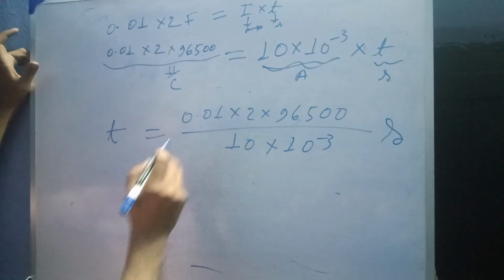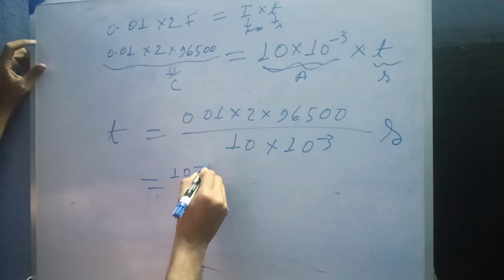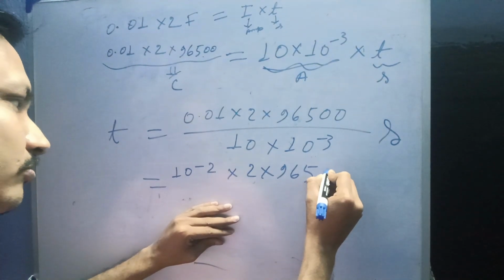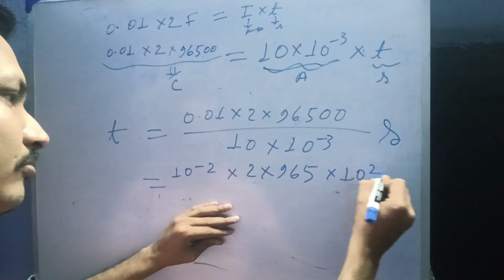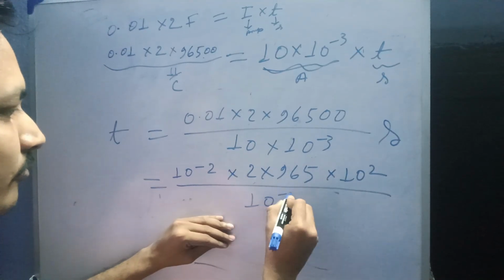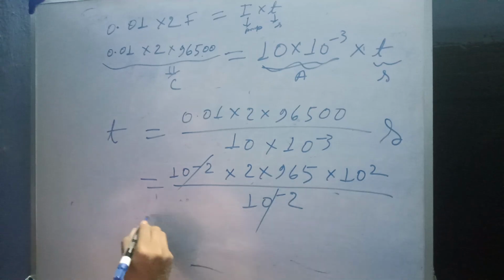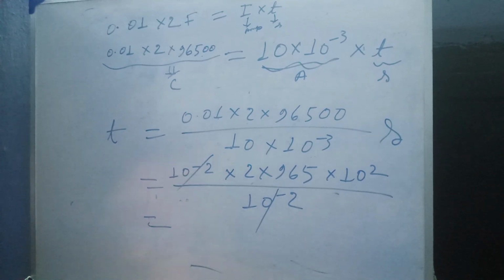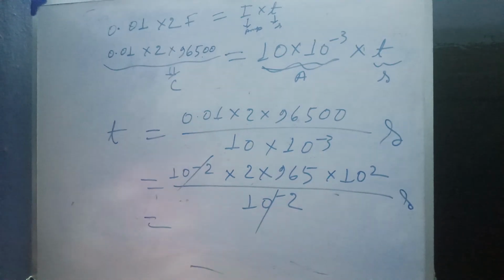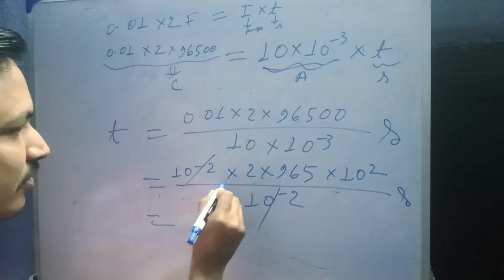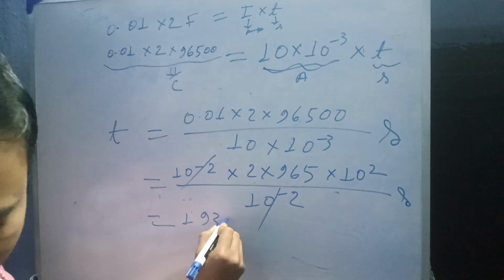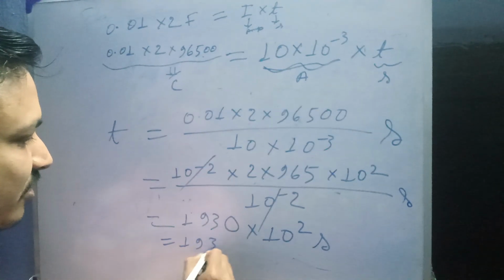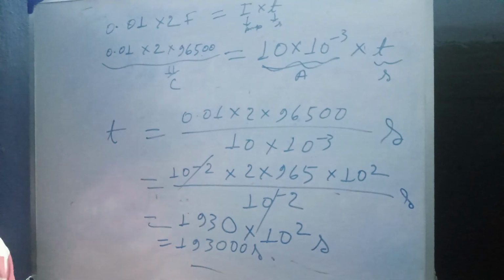So from here we can say this is 10 to the power minus 2 into 2, we may cancel out this, hence this is 2 into 965, that is, this term is 1930 into 10 squared second, that means 1930 second. This is the answer.